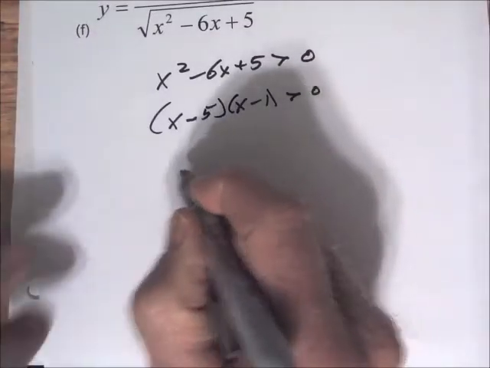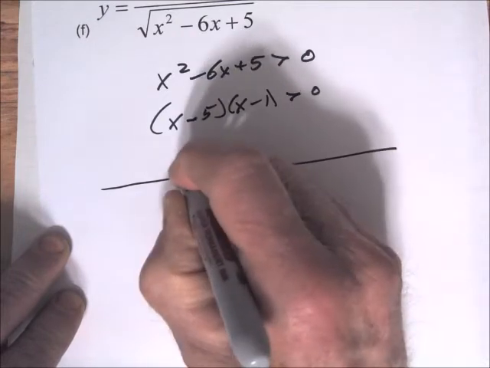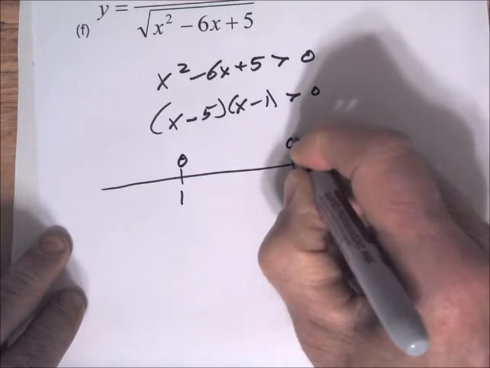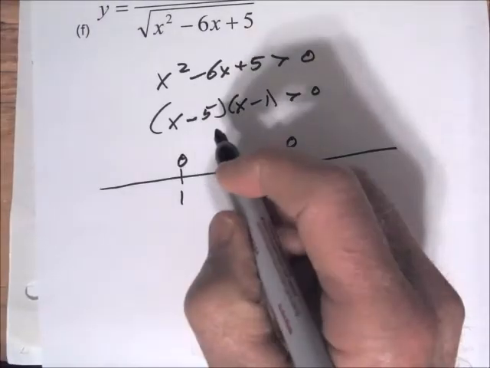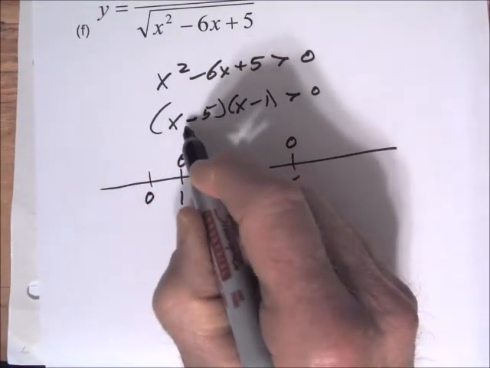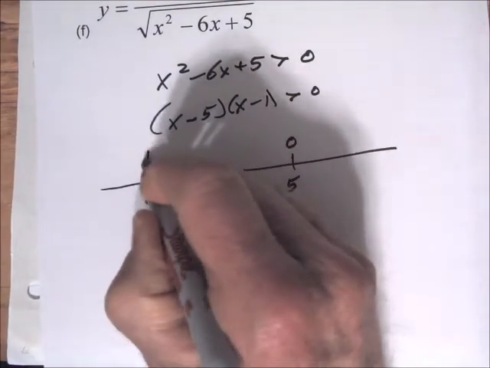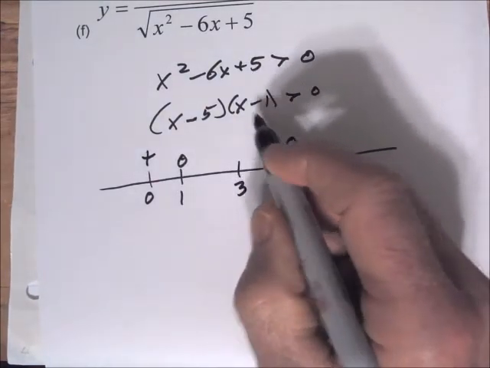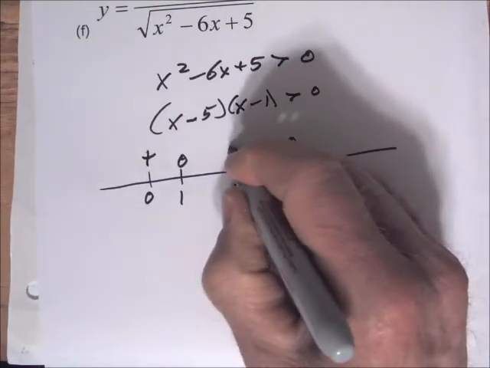And so let's use a number line again. This expression is going to equal 0 if x is either 1 or 5. Then we can do some test points. If x is less than 1, for example 0, 0 minus 5 is negative, 0 minus 1 is negative, negative times negative is positive. Do a test point between 1 and 5, say 3. 3 minus 5 is negative, 3 minus 1 is positive, negative times positive is negative.